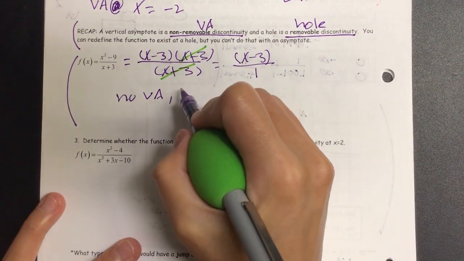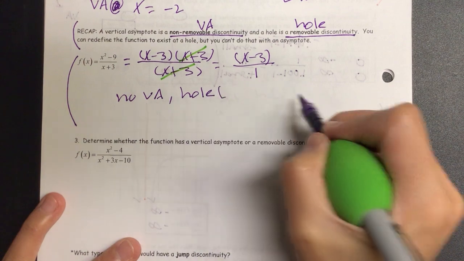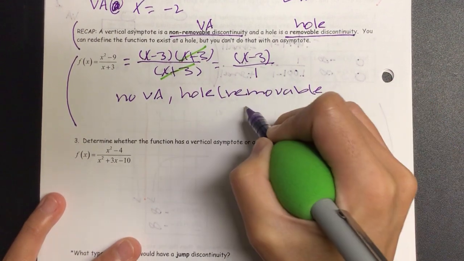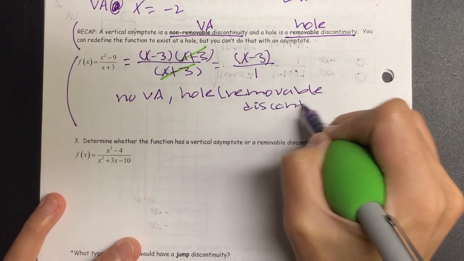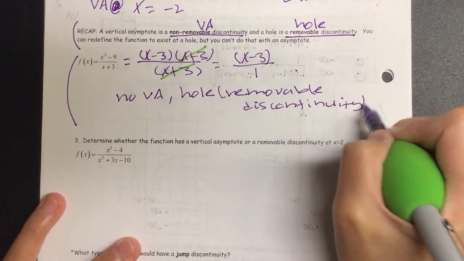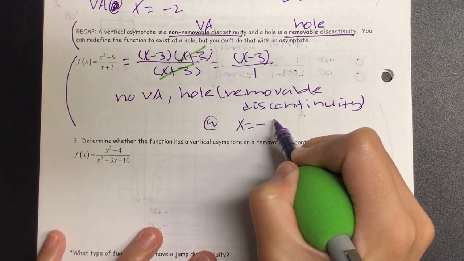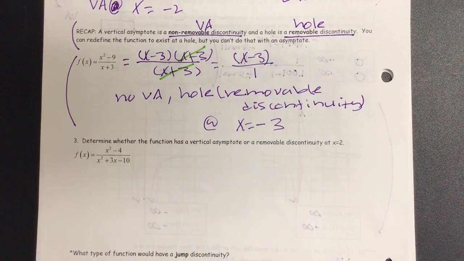Do we have a hole, though? What's another phrase for the hole? Removable discontinuity. Very good. At x equals what? Negative 3. It's the one that you crossed out; you need to solve for x.